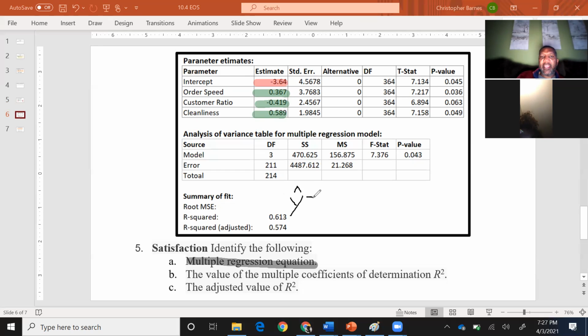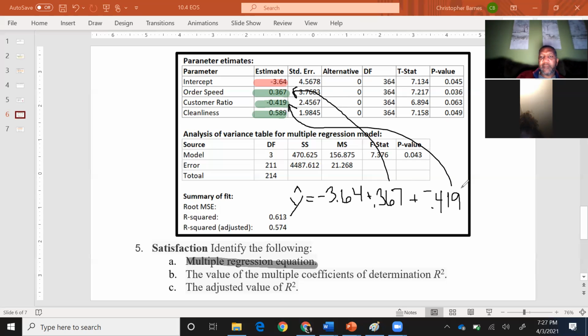Y hat equals negative 3.64 plus 0.367, which we get right here, right, plus negative 0.419, which we get right here, plus 0.589, which of course we get right there.